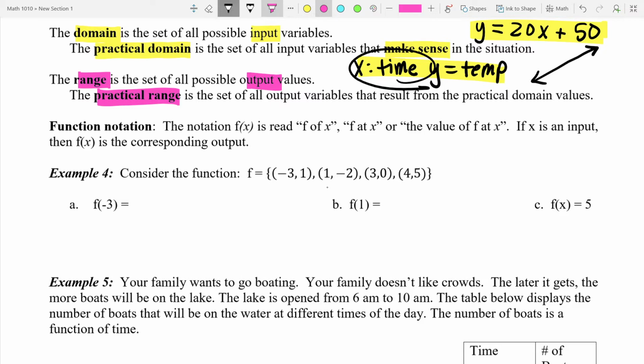Now, I was going to say, could you have y equals 1,000 degrees Fahrenheit? No. But then it's kind of debatable. I think it could be, but if it was 1,000 degrees Fahrenheit, would it go up in flames?